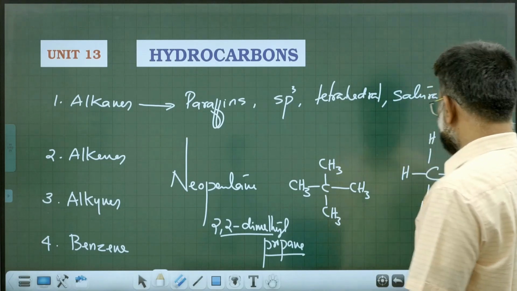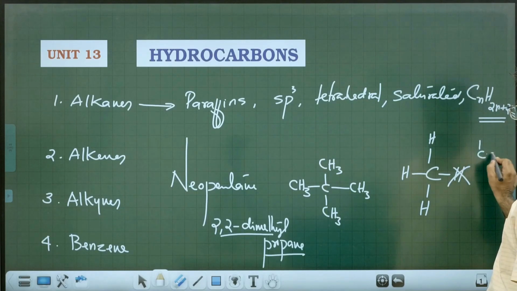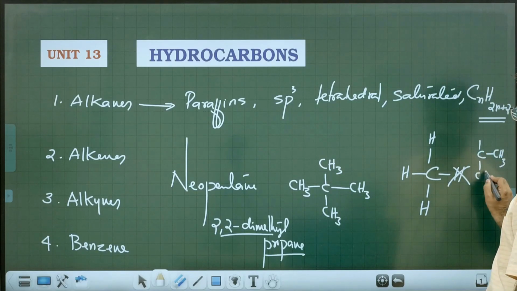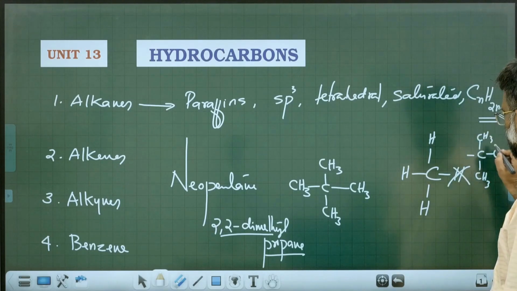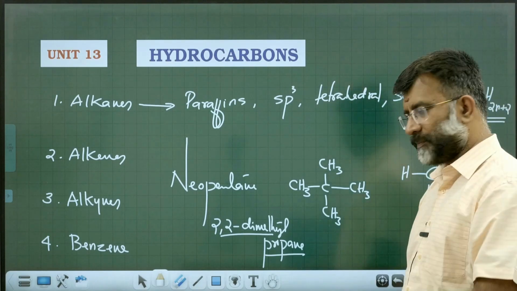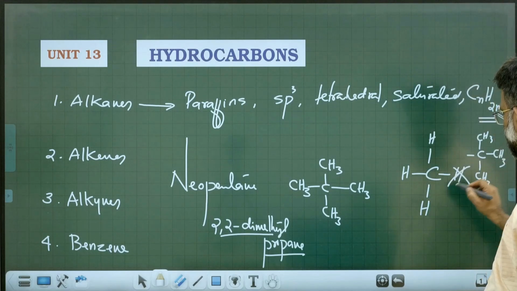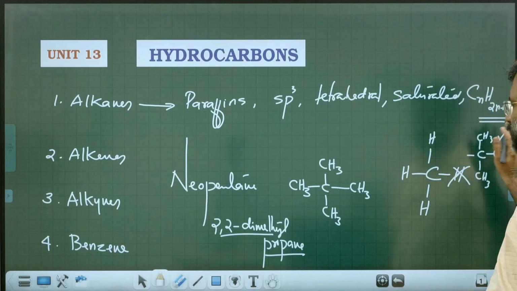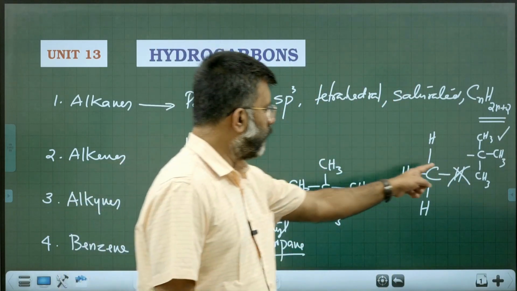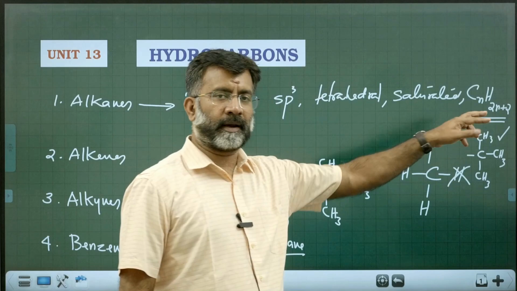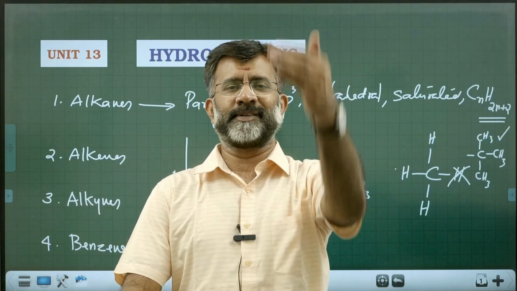What they try to tell you is replace one hydrogen with the tertiary butyl group. You replace this hydrogen with this group. Do that 4 times. You replace this hydrogen, this hydrogen, this hydrogen, this hydrogen with such groups. This group is called a tertiary butyl group. So what happens? Tetra, 1, 2, 3, 4. Tetra tertiary butyl methane. They ask you to derive what is the systematic name.